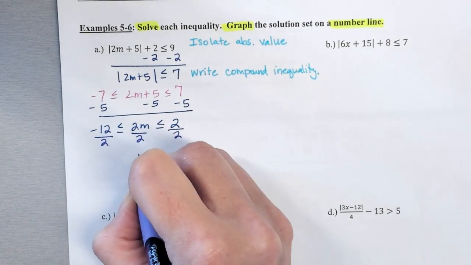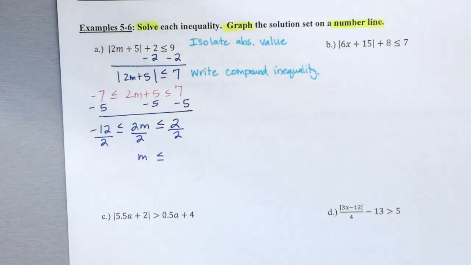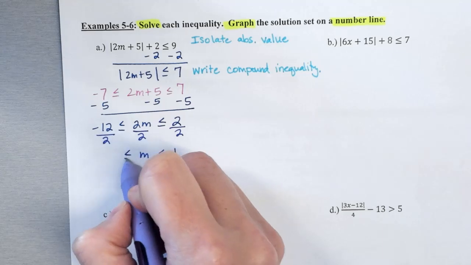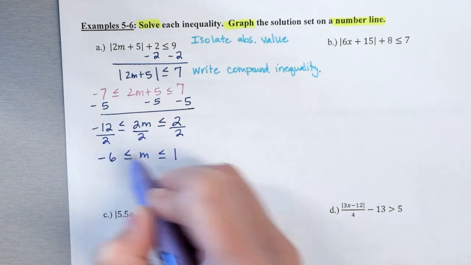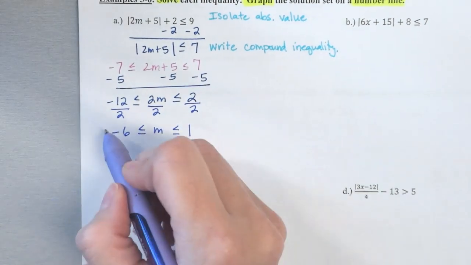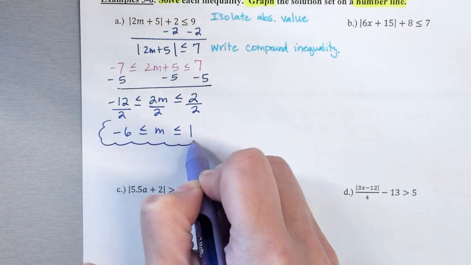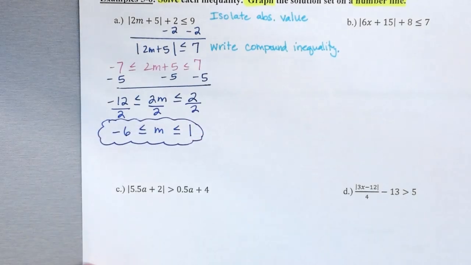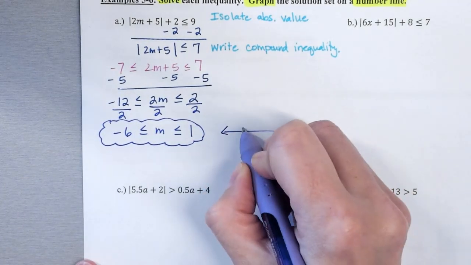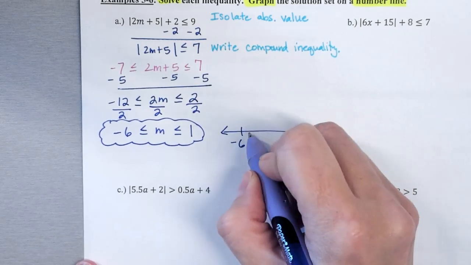Okay, so we're going to get m by itself. Anything divided by itself is what? 1. Negative divided by positive, make sure you keep it negative. Okay, and then you can just box in that as your answer. You have -6 to 1.